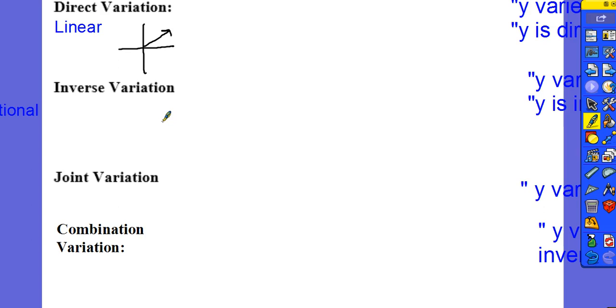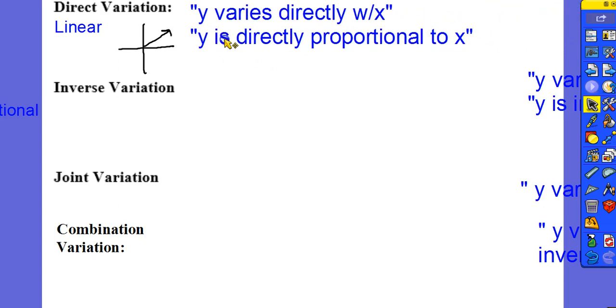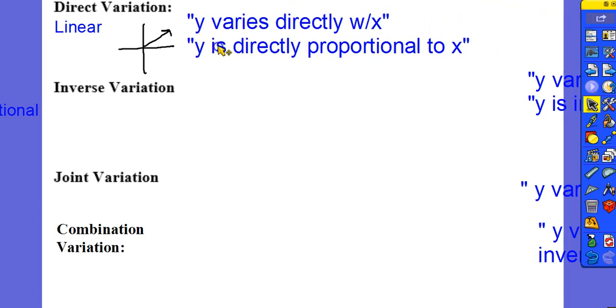Here are the 2 most common phrases that you will see that will tell you that you are going to do a direct variation. The first one is Y varies directly with X. That's important information. It's going to tell you how to write your equation.